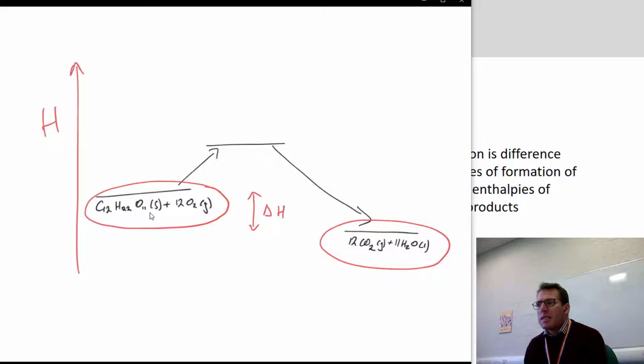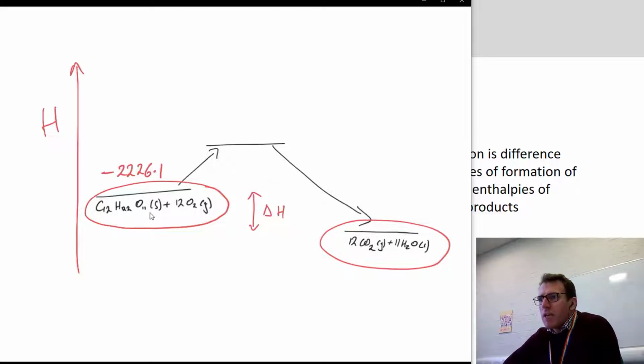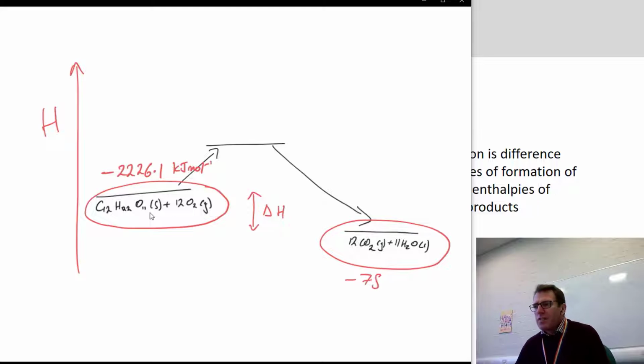And what I'm saying is that we can use enthalpies of formation as those values. So we can say that the enthalpy of formation of sucrose is minus 2226.1. In other words, when sucrose forms from carbon, hydrogen and oxygen, it liberates that amount of energy in its formation. Oxygen is an element, so therefore it has an enthalpy of formation of 0.